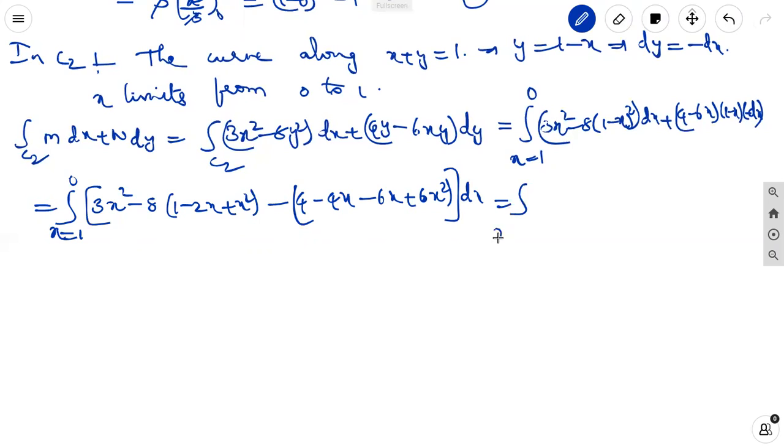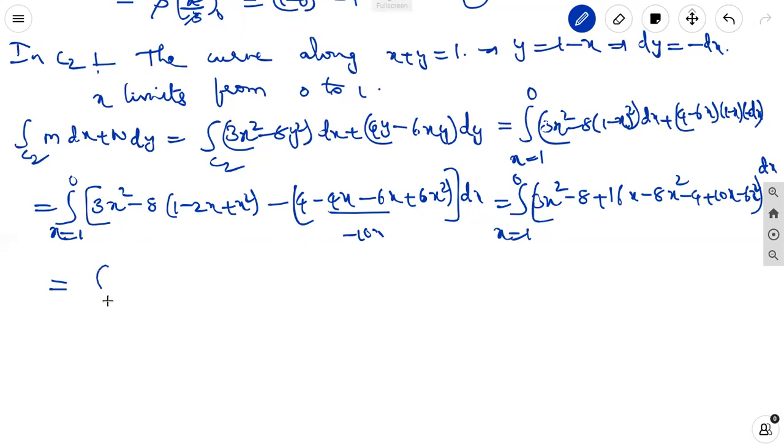It is equal to the integral from 1 to 0 of 3x square minus 8 minus into minus plus 16x minus 8x square, and here minus 4, this is minus 10x, minus into minus plus 10x minus 6x square, whole dx.